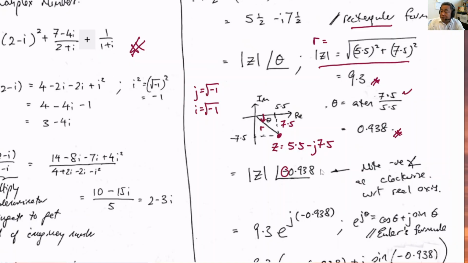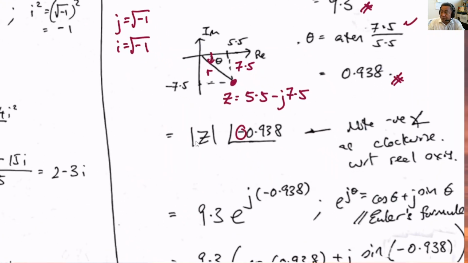Right, once we have put it in this form, this is the polar form, the magnitude and the theta. But we also want you to write it in the complex exponential form. Z is just 9.3 again. So this is the magnitude, and the angle is just being replaced.